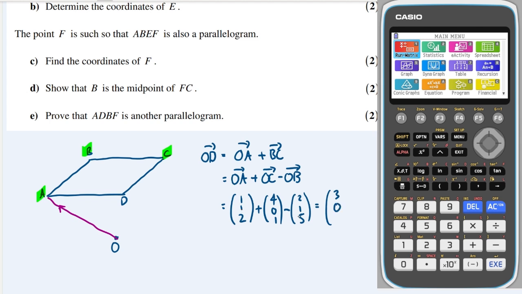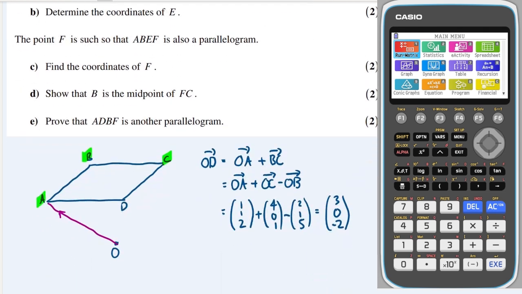And 2, 1, minus 5 is minus 2. Okay, it asks for the coordinates, I believe. Yep, so we can't give it as a position vector, we have to give it as a coordinate. So as a row, like so. Hey, that rhymed. Nice.